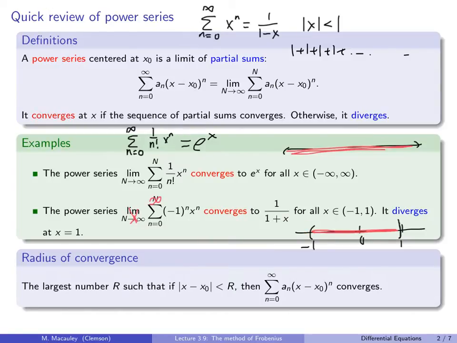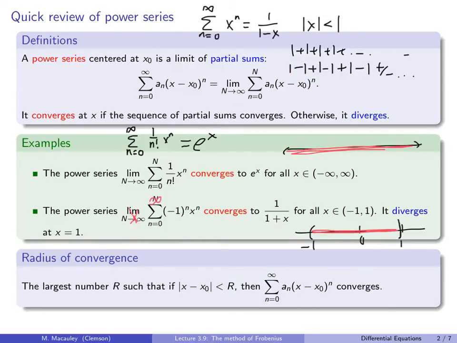Let's plug in x equals -1 into here. And if we do that, we actually get this thing. In that case, we get 1 minus 1 plus 1 minus 1 plus 1 minus 1 plus minus, etc. And if you look at the limit of partial sums, the partial sum is defined as the sum of the first n terms. So the first partial sum is 1. The second partial sum is 1 minus 1, 0.